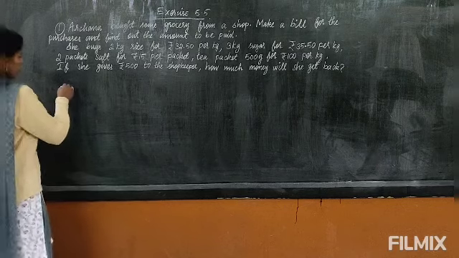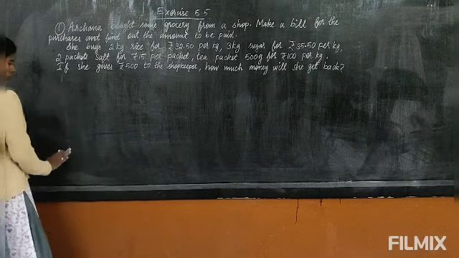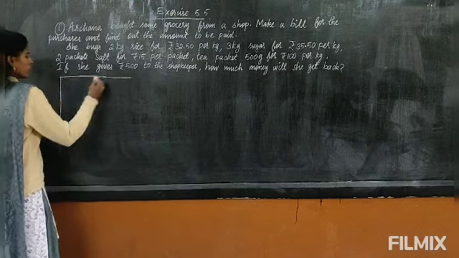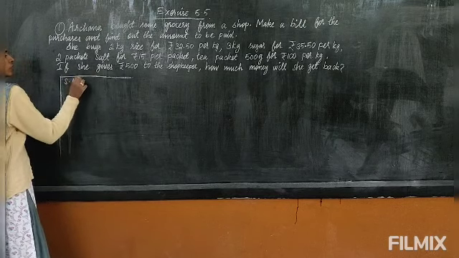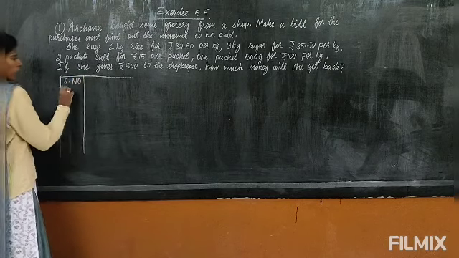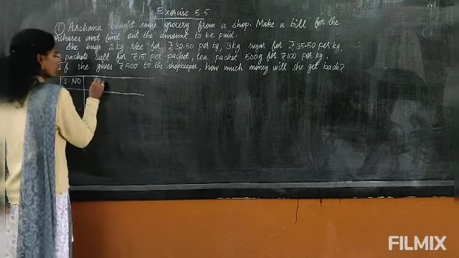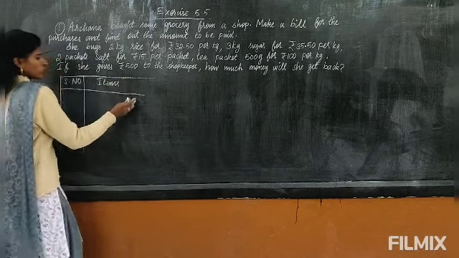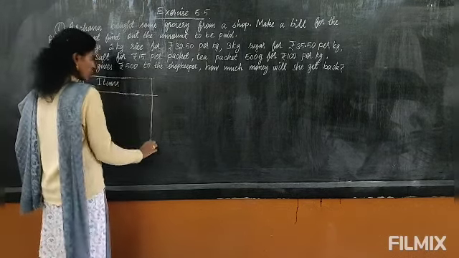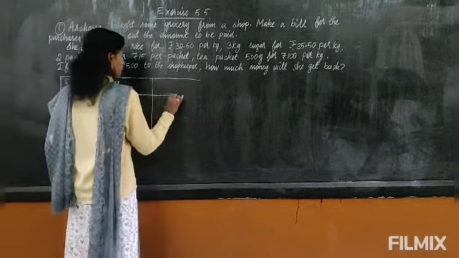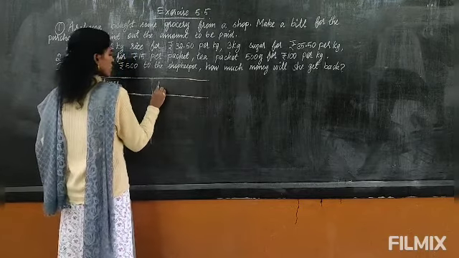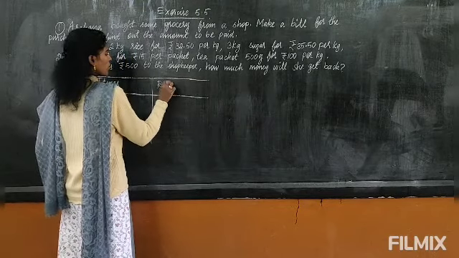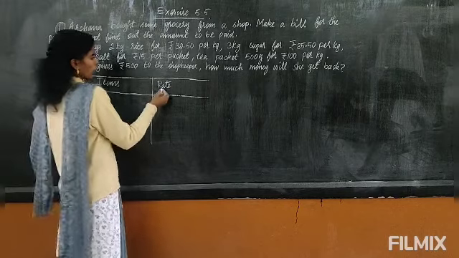So in the bill, first you will write the serial number, then you will write the items. What are the items bought? That you have to write. Then you have to write the rate, the price, otherwise the rate.